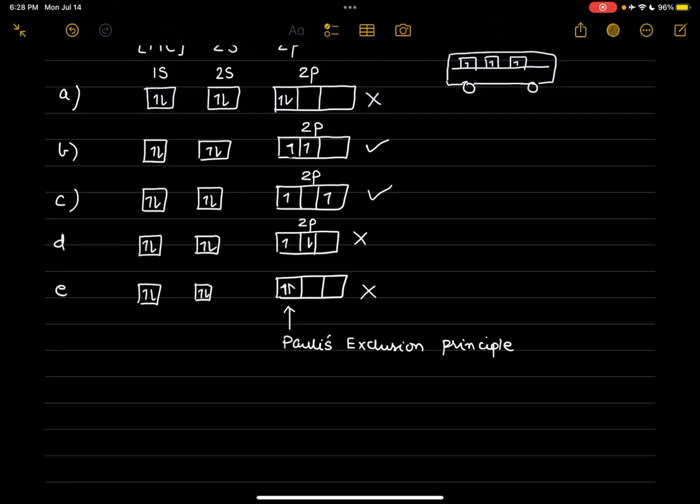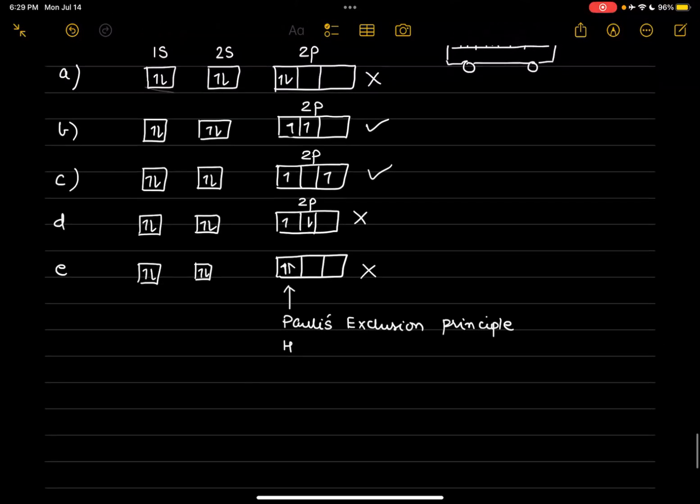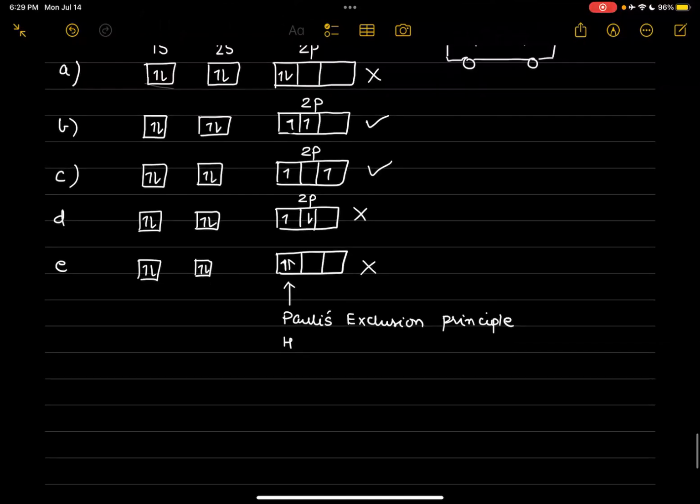And this is also violating Hund's rule of maximum multiplicity. Because Hund's rule tells us that orbitals belonging to the same subshell should first be filled with single electrons with parallel spins. And you have put two electrons in one orbital, though you still have two more orbitals of the same energy in the same subshell left.